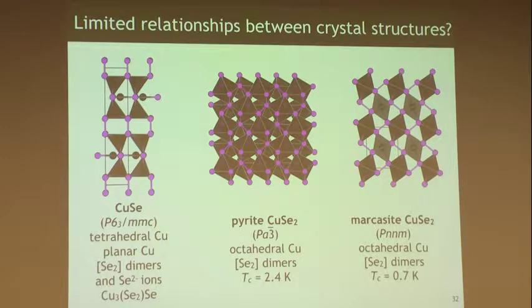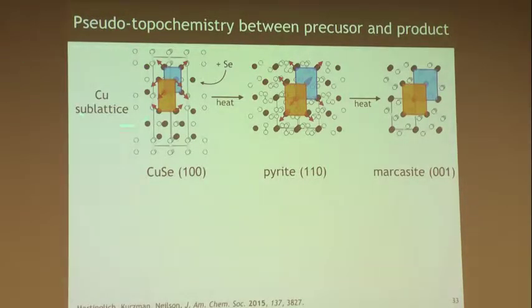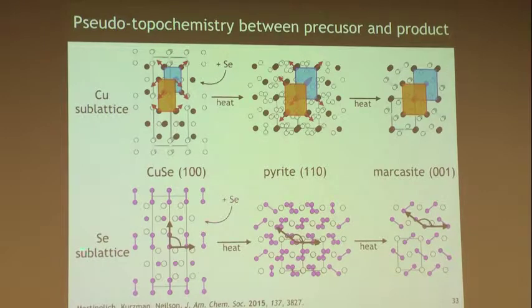But we found a relationship. So if we just look at the copper sublattice, and these are actually in the exact same orientation I showed you before, and we've drawn these rectangles as kind of fiducial marks to help guide the eye. You can also look at the coppers forming a hexagon, but those hexagons all stay in the same place. Coppers basically don't move. You can look at the selenium sublattice, highlighted in pink.